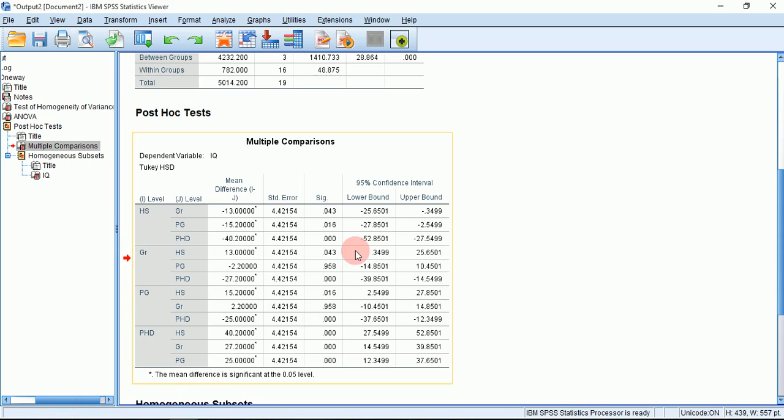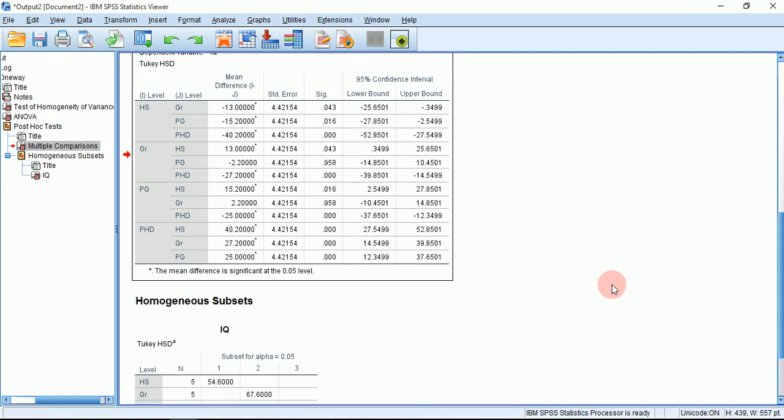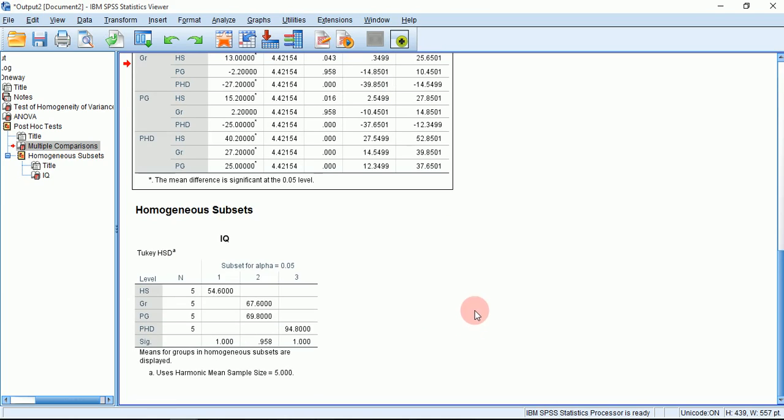However, we have to look at the homogeneous subsets then. And in these homogeneous subsets, you will find the homogeneous groups are presented together. You will also find the heterogeneous groups here. Look at the table actually. The mean value of higher secondary is 54.6, and it has no other groups with it.